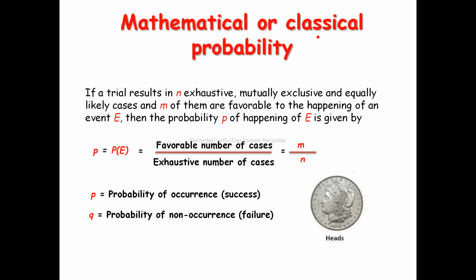But Q is not equal to occurrence of tail. You should remember, Q is equal to non-occurrence of head. Actually both mean the same, but what you should keep in your mind is P means occurrence, Q means non-occurrence. P means head, Q is no head.